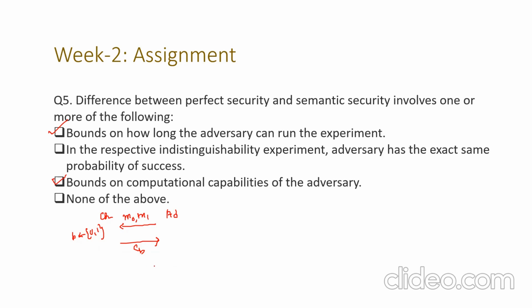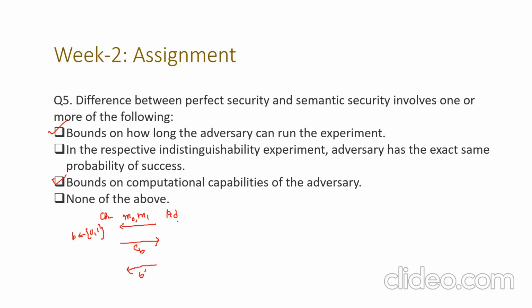Now the adversary's task is to guess a bit B dash, and the adversary wins the game if it correctly guesses the bit, that is, if B dash is equal to B. So the adversary has to guess whether it is seeing an encryption of M0 or of M1. This is the indistinguishability experiment in both cases.